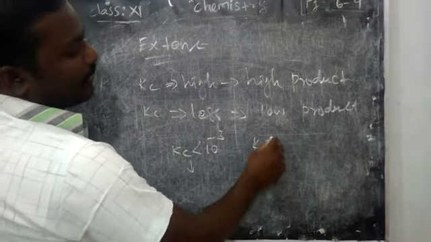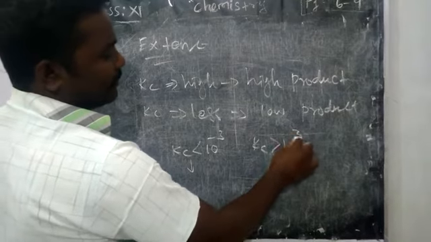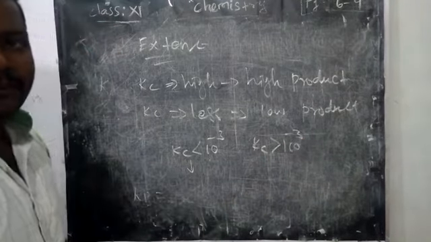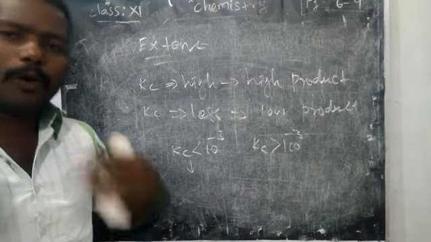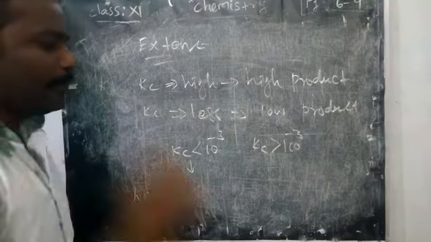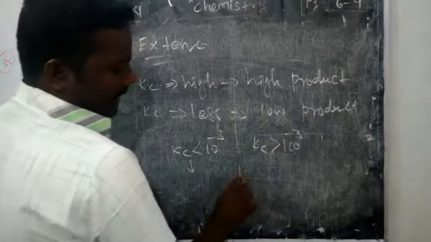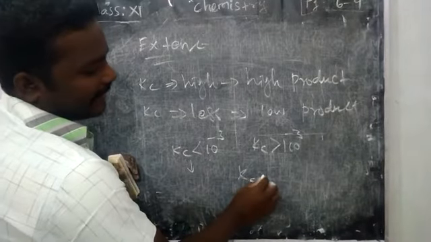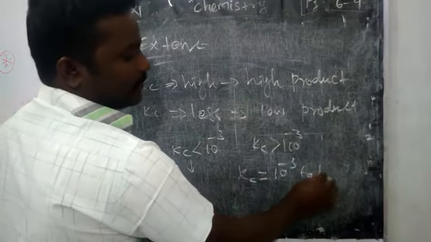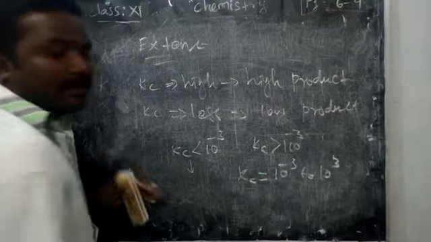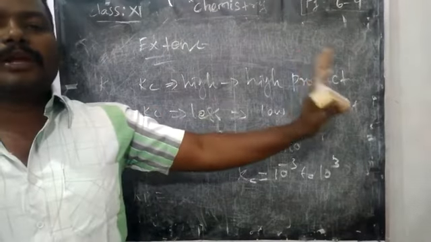Kc value greater than 10 power 3: we can say almost completion of the reaction. The reaction is going to end. All the reactants are converted into product. But Kc value in between 10 power minus 3 to 10 power 3 means they are existing in the equilibrium state.